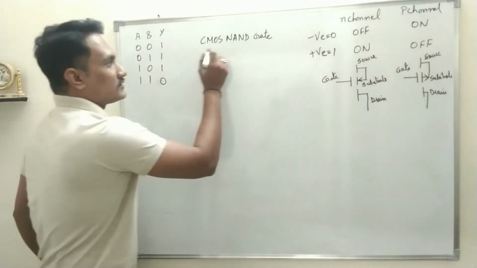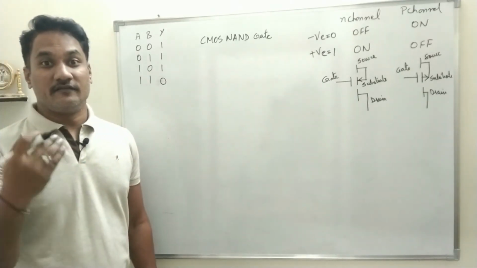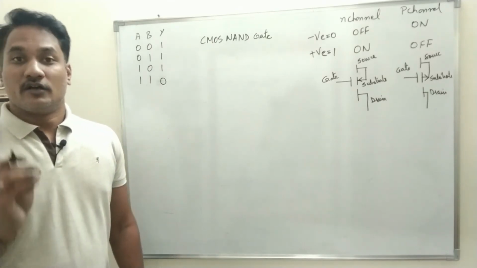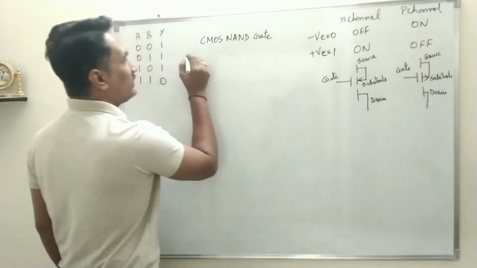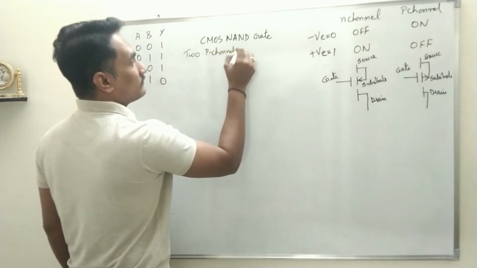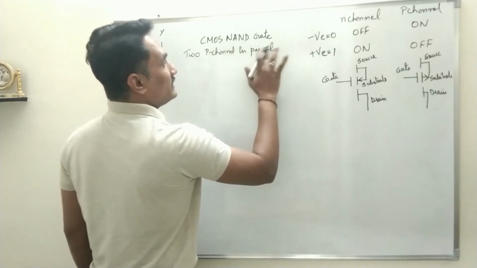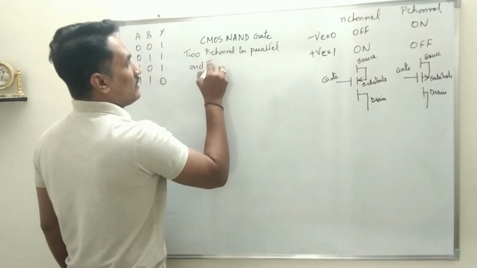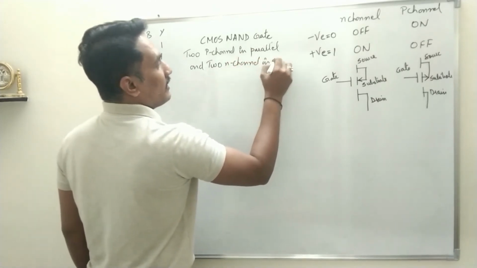Now for the CMOS NAND gate, don't try to remember the circuit. The circuit becomes very difficult if you remember it and go and draw it in the exam. Go by the hint which I am going to provide. For a CMOS NAND gate, you have to connect 2 P channel transistors in parallel and 2 N channel transistors in series.